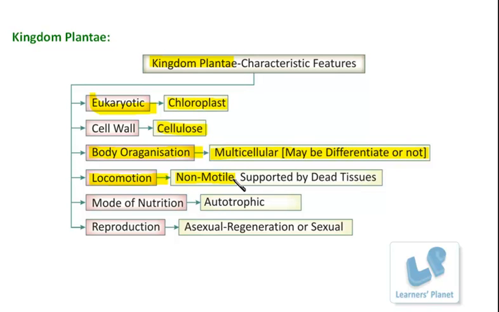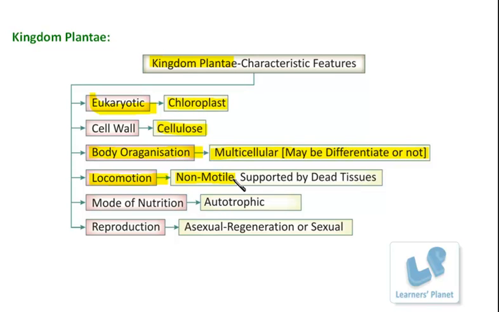They are fixed at their position. Definitely, if they have to be fixed at a particular position, then they must be able to tolerate the harsh or changing conditions in their surroundings. Besides that, since they have to stand erect at the same position, they have to be mechanically strong.